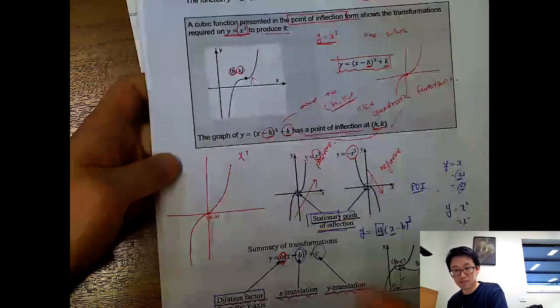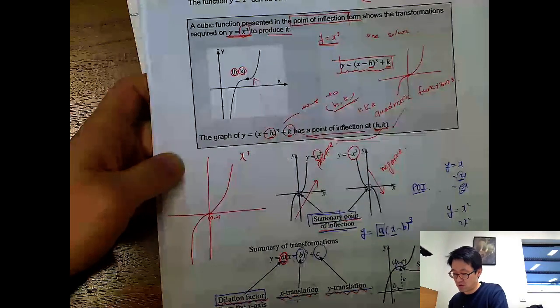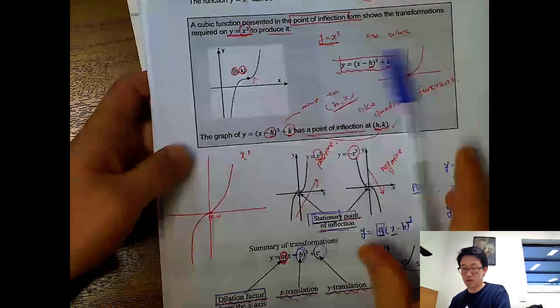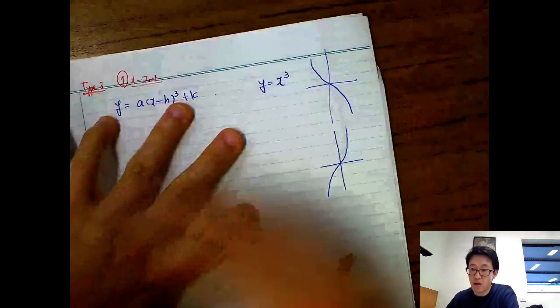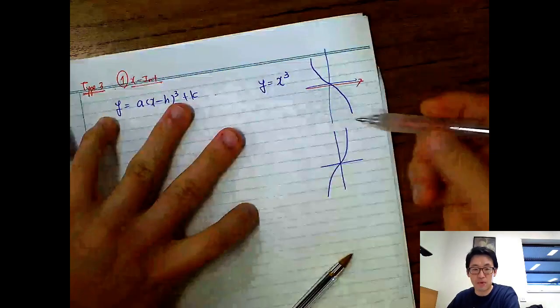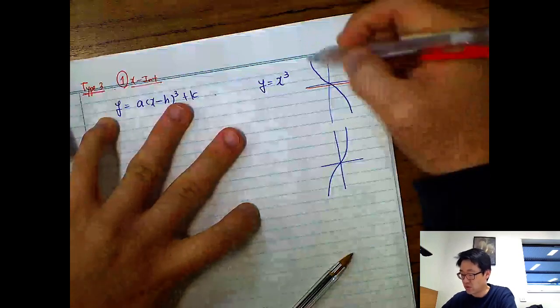I just did it last class, wasn't it? You can go back and have a look. This one's positive, negative. So in this case, when x increases, what happens to y? Y decreases, going down.